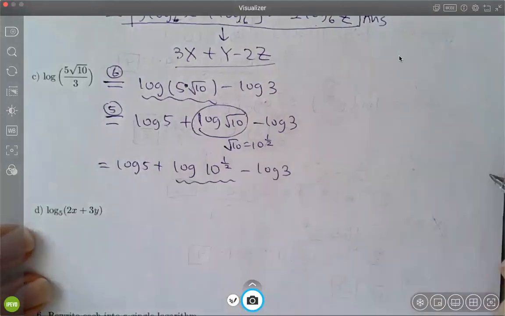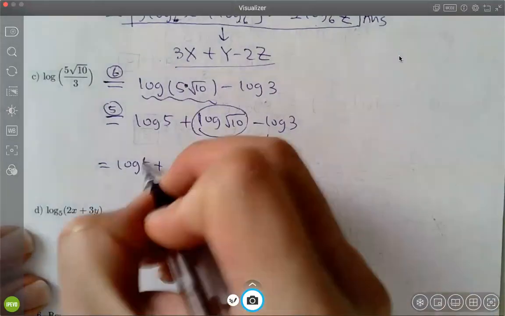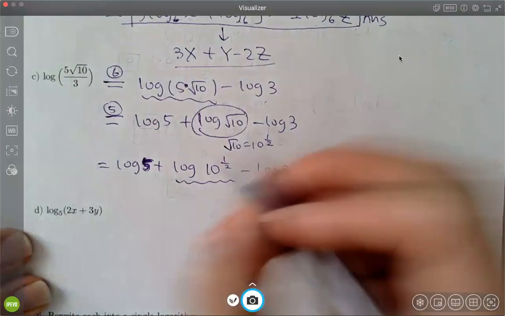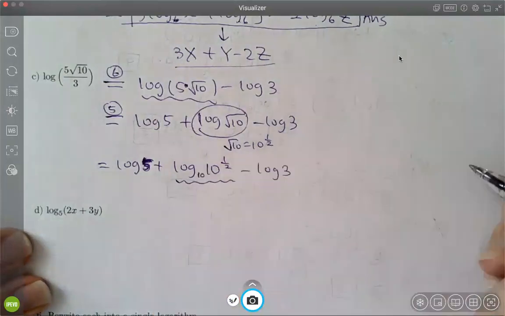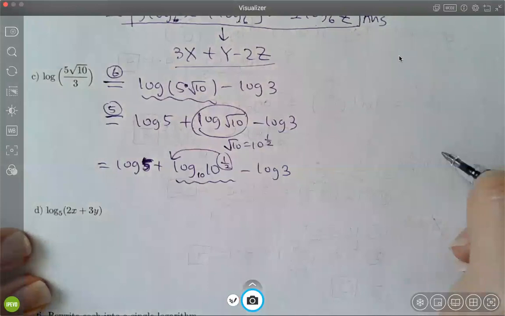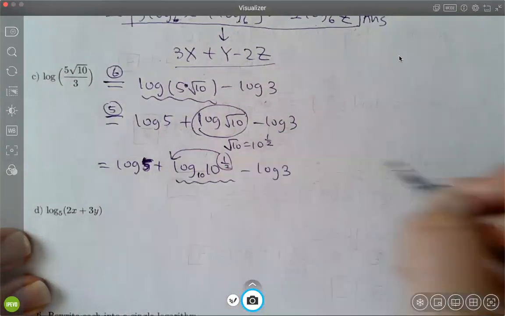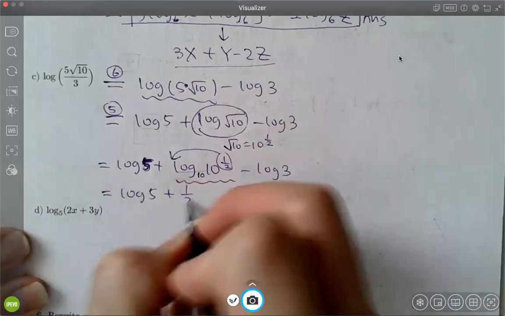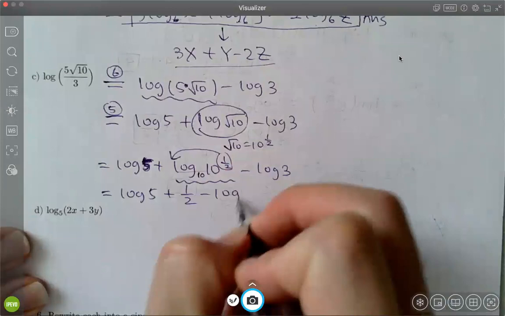First of all, we see just the log with no base. So what's the base? 10, right? It's the common log, right? So here the base is 10. So what does the second log mean? First, you bring down the power and put it in front. And then log 10, 10 is 1, right? So what does that mean? Log 5 plus just 1/2 and then minus log 3, right?